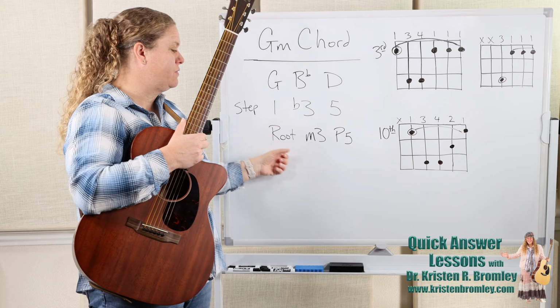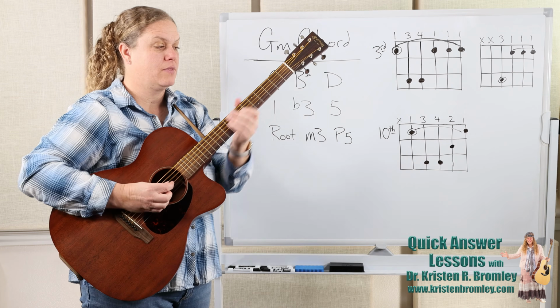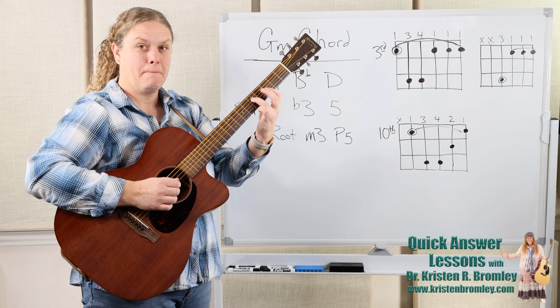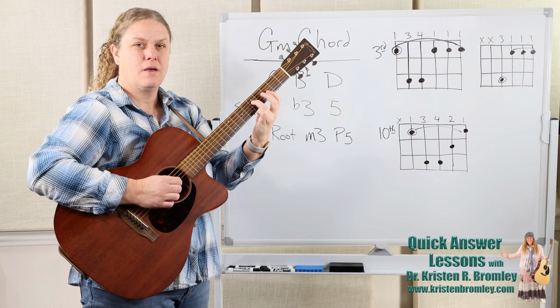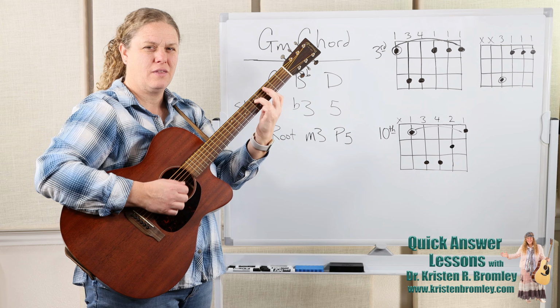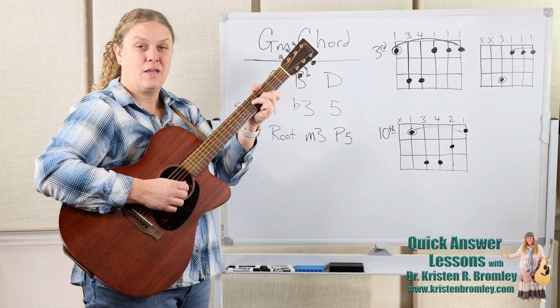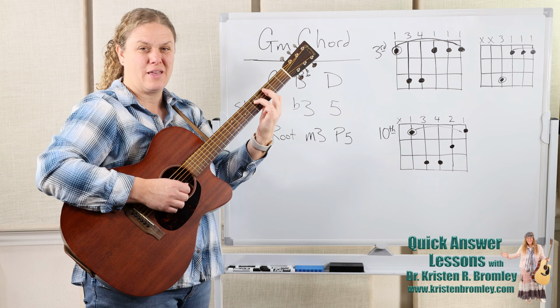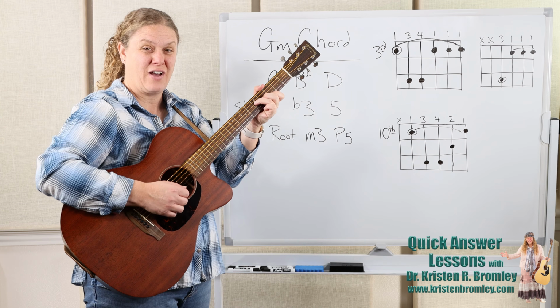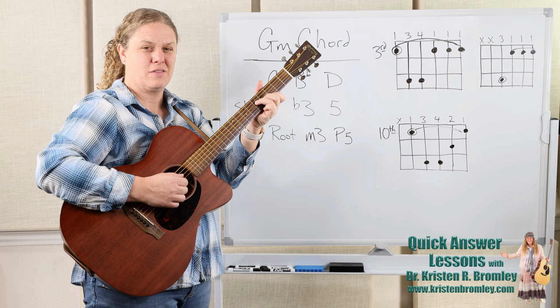And D is a perfect fifth interval above the root. And because of that, we get a minor chord. So a root, minor third, perfect fifth. If it was root, 3, 5, major third, it would be G major instead of G minor. That's the defining difference between the major and the minor.